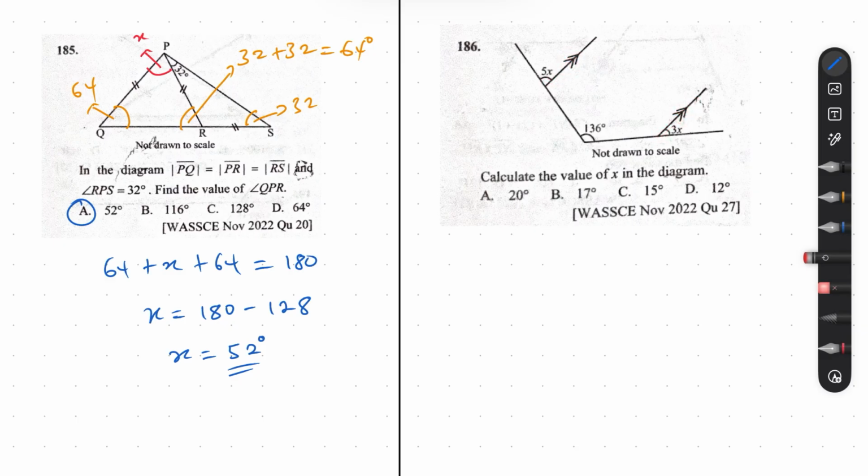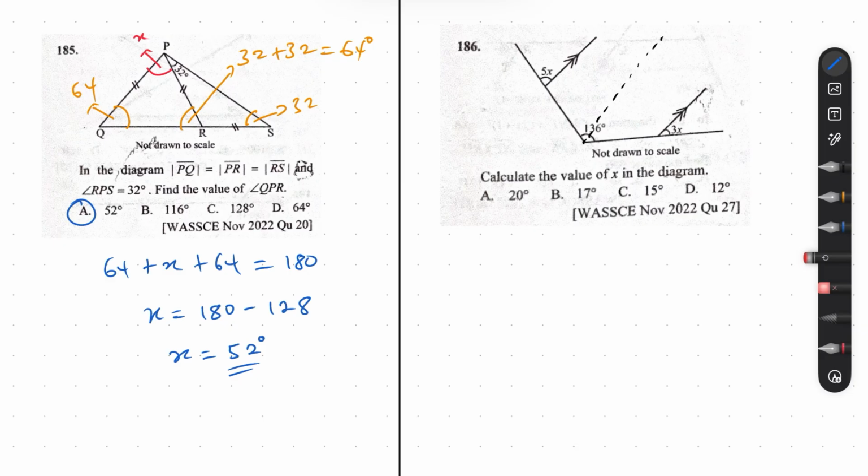Now, let's draw a third line through this angle right here that is parallel to both lines. If we draw that line, this line is parallel to this and is parallel to this, then we can have some similar angles, right?